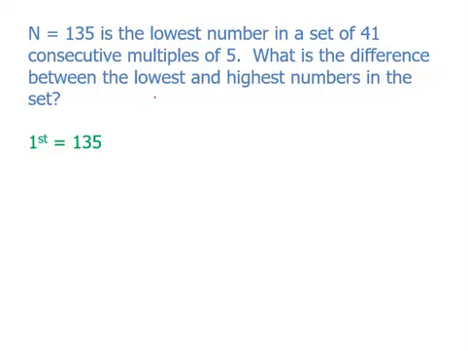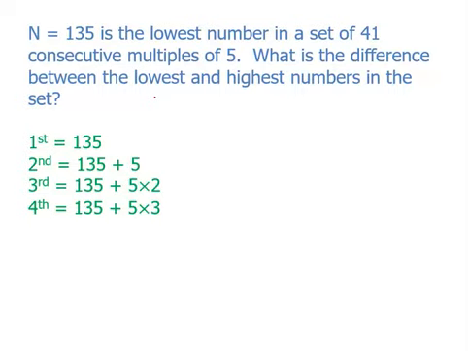The second number is the next multiple of 5, so it must be 135 plus 5. I'm just going to write it like that. The next number is going to be 135 plus 5 plus 5, or 135 plus 5 times 2. And then 135 plus 5 times 3. So we see a pattern developing here.